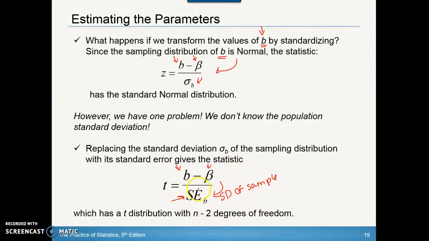Now notice, since we're using a sample standard deviation and not a population one, tests about the slope are always going to be t-tests and not z-tests. Keep in mind, since we're doing a t-test, you must state the degrees of freedom, which is going to be n-2.